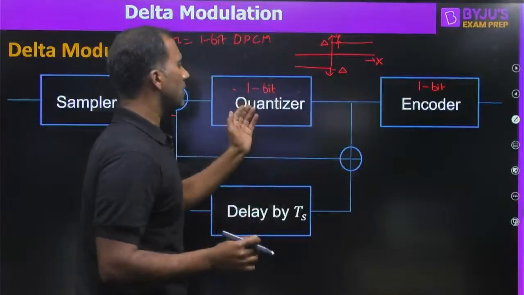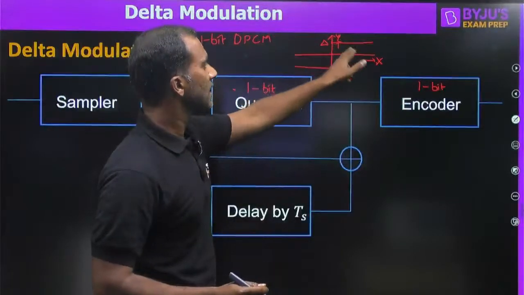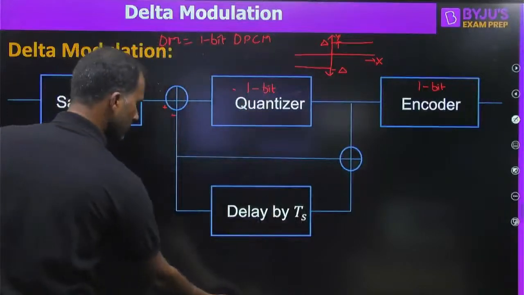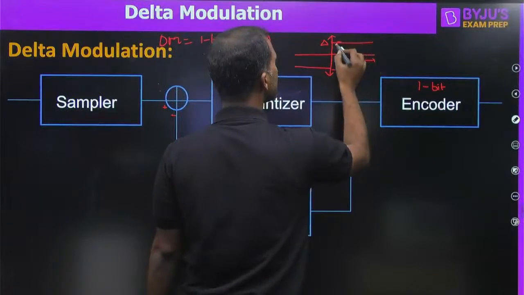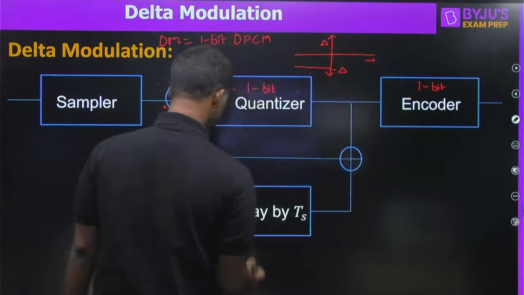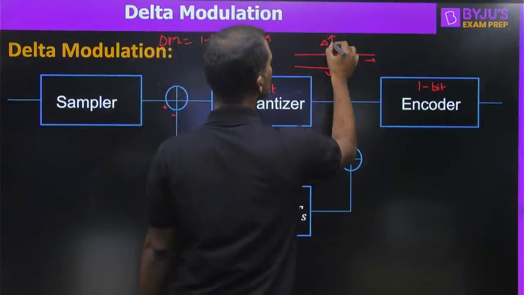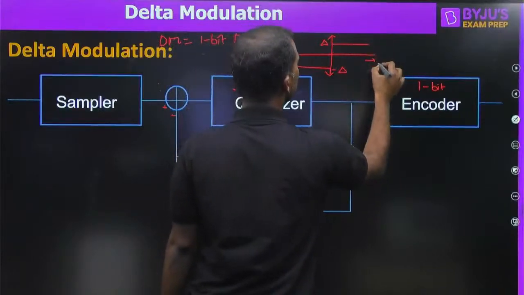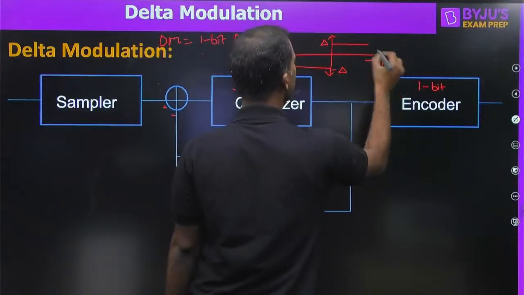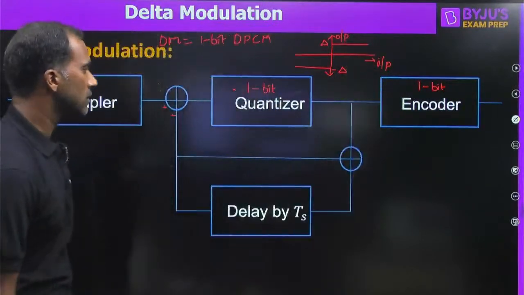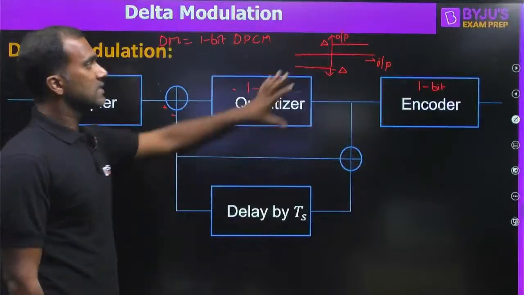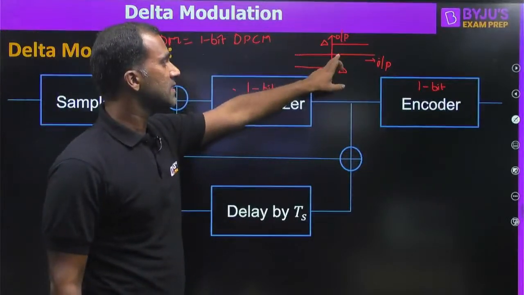If x is the input to the quantizer and y is the output of the quantizer, these are the x versus y characteristics. Or you can also simply write it as input to the quantizer and output of the quantizer. Okay, so this is how the characteristics will be. Try to understand these characteristics carefully.